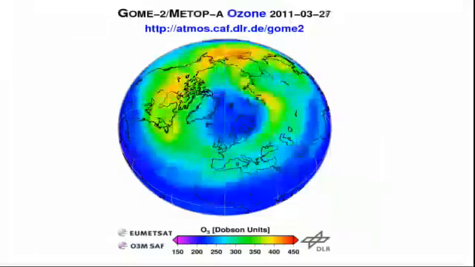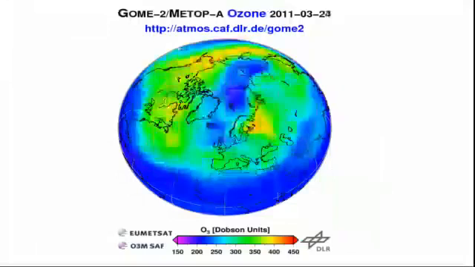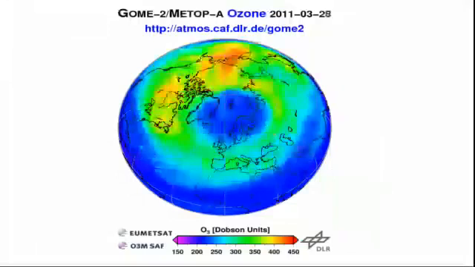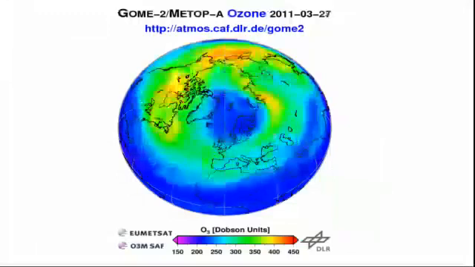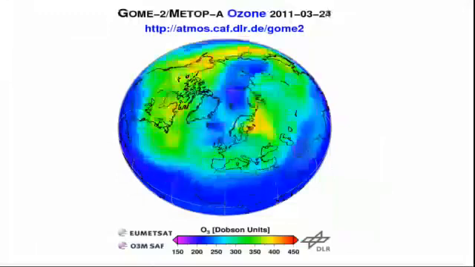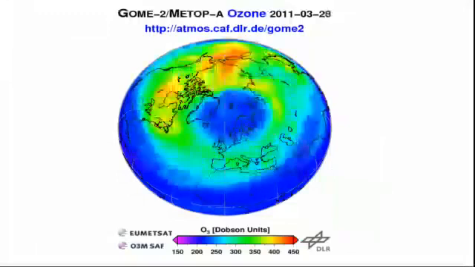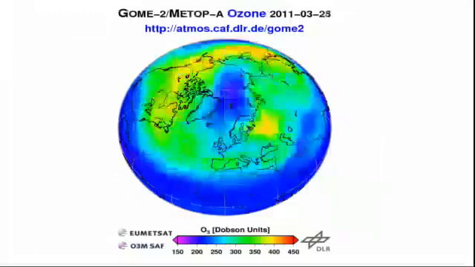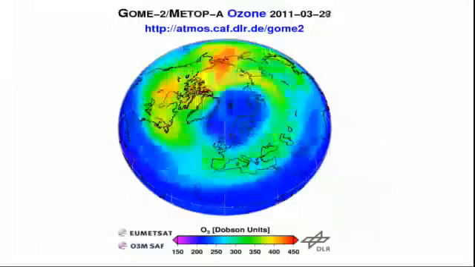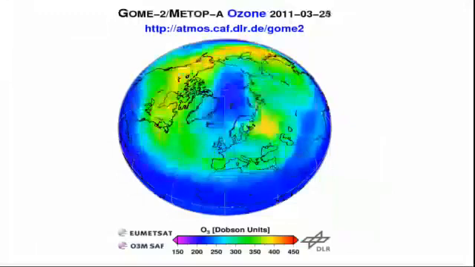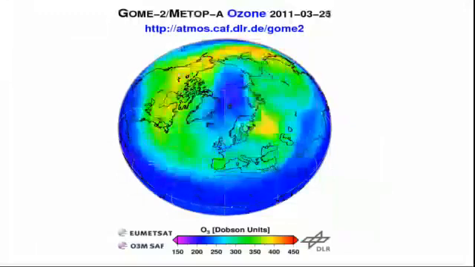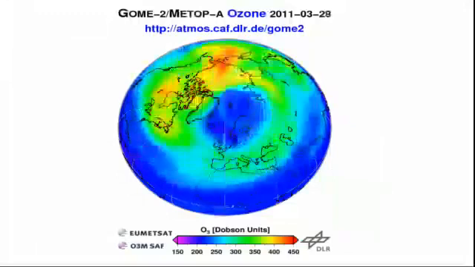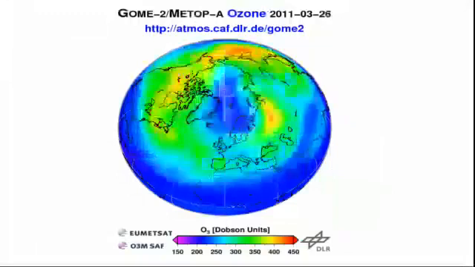At the lower concentration you can see a bluish color, greenish is medium concentration of ozone gas, and reddish, orange or yellowish color is a large concentration of ozone, and the blue is lesser concentration.